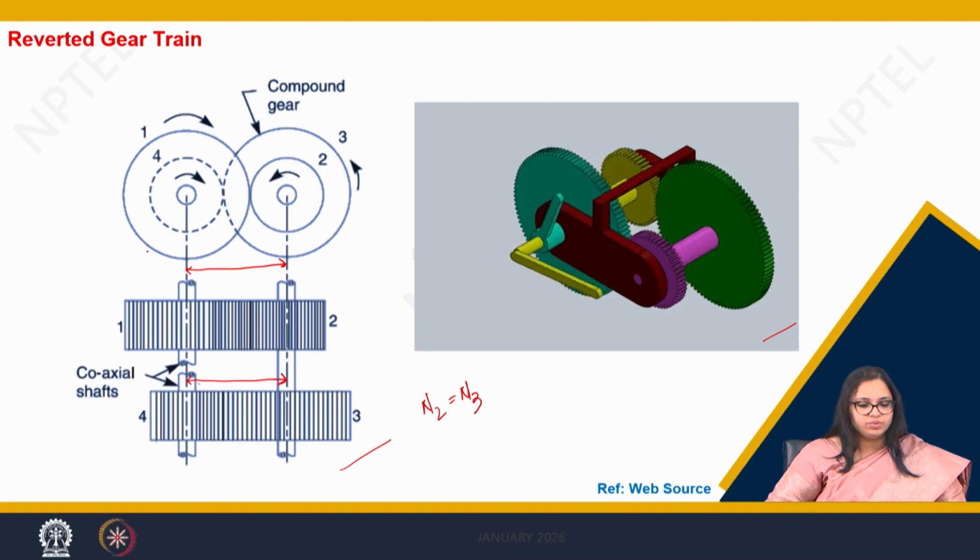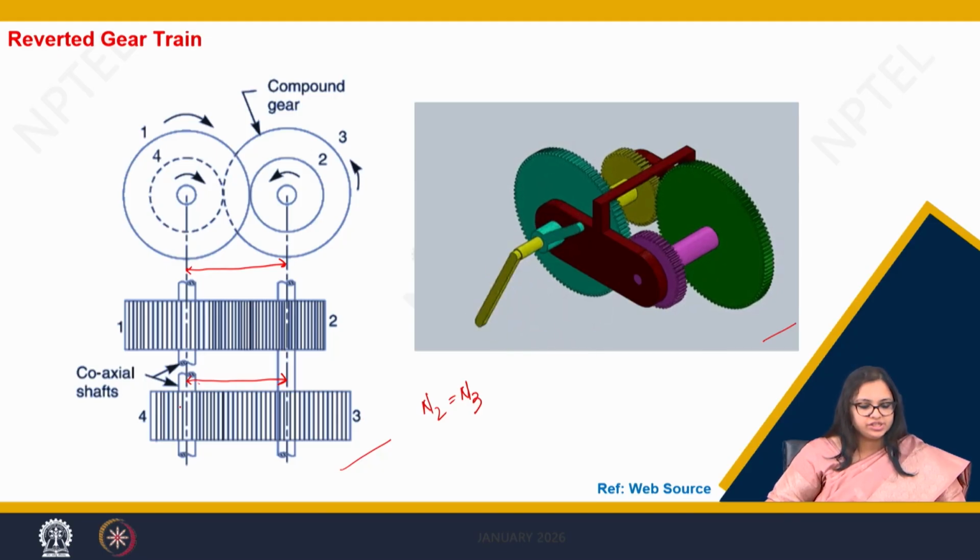So gear 1, let's say it is meshed with gear 2. Gear 1 is rotating in anti-clockwise direction, so gear 2 will be rotating in anti-clockwise direction. Now my gear 2 is rotating in anti-clockwise direction, and on the same shaft we have gear 3 which will also rotate in anti-clockwise direction.